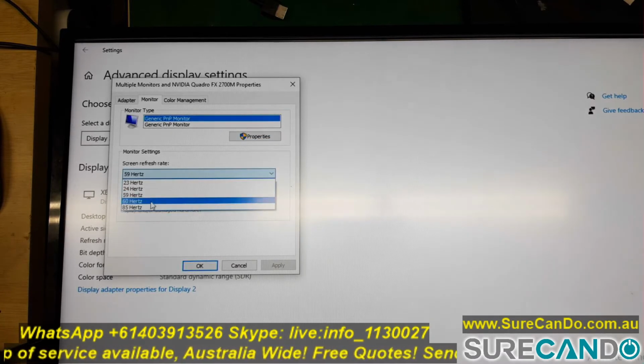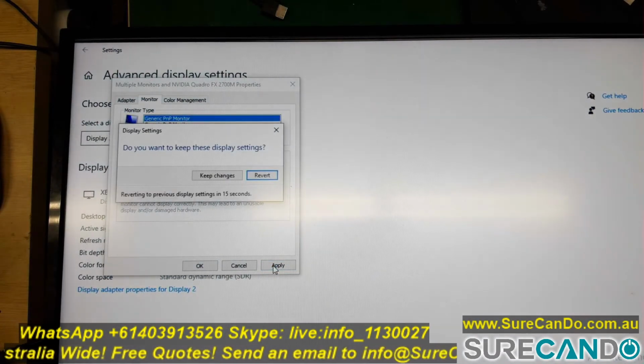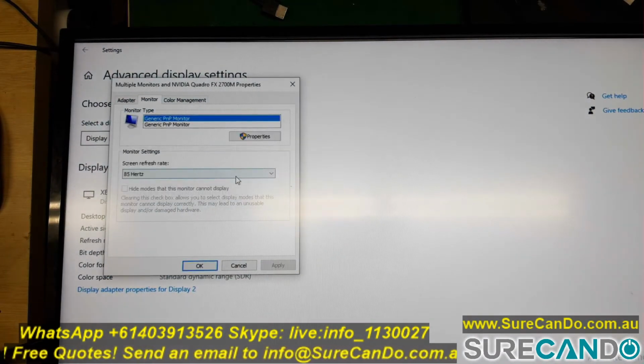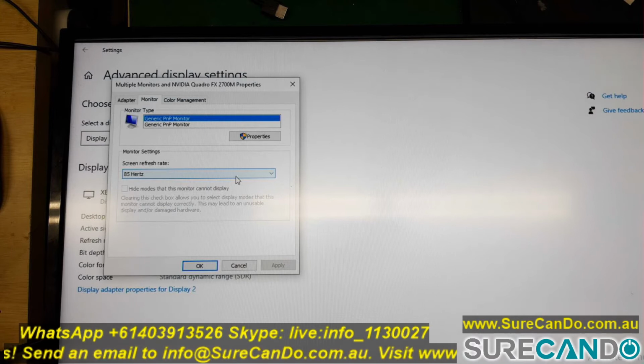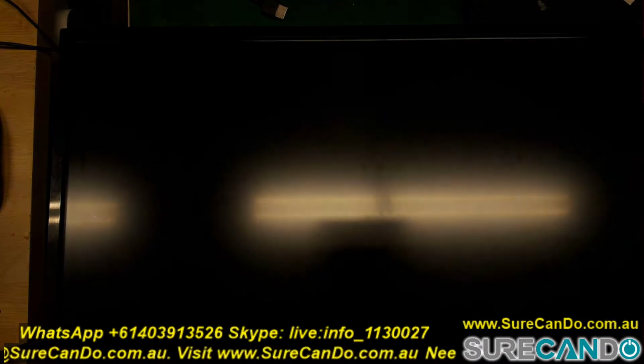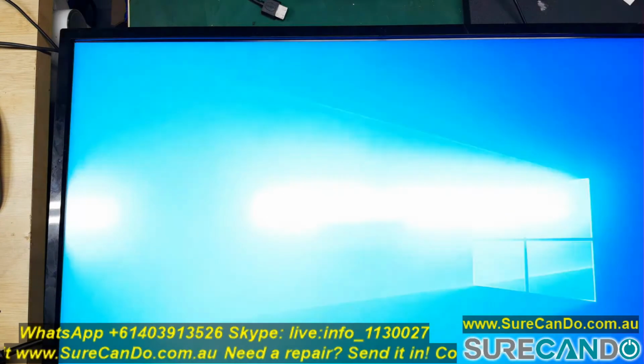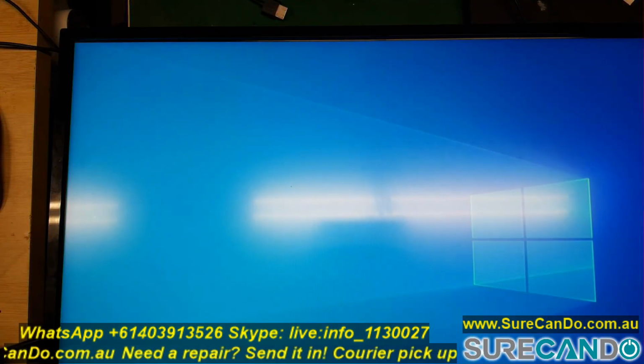Alright, that's still working. Now what I'm going to do, instead of duplicate, I'm going to say extend. Both monitors are working, but one has a different resolution. Yeah, that's much better.